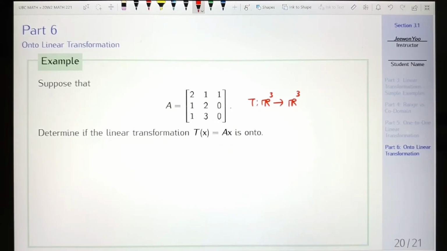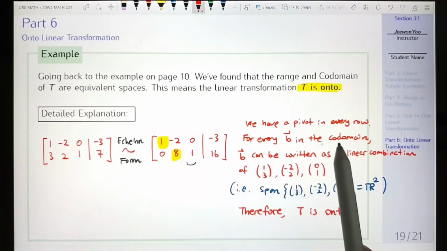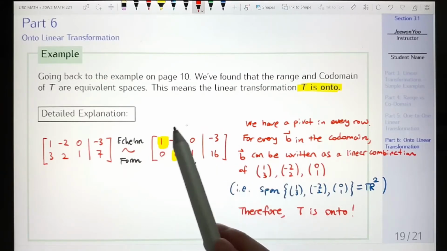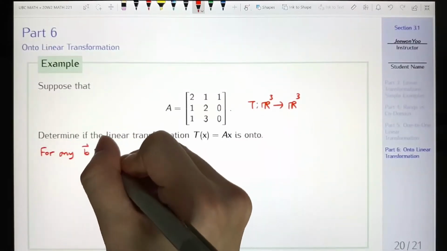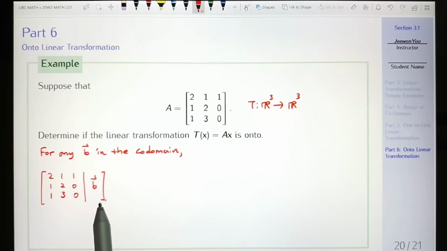So, do you remember? For any B in the codomain, check if the system is consistent or not. For now, because B can be any vector in the codomain, let's just write down B as an augmented column because we don't know the numbers.